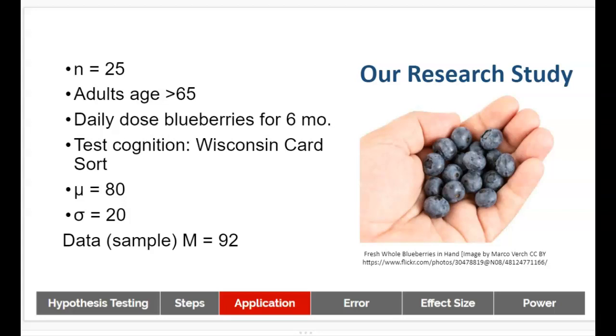For this task, the population average score for adults older than 65 is 80, with a standard deviation of 20. I then look at the mean for my sample, and I have a mean of 92 on the Wisconsin card sorting task.